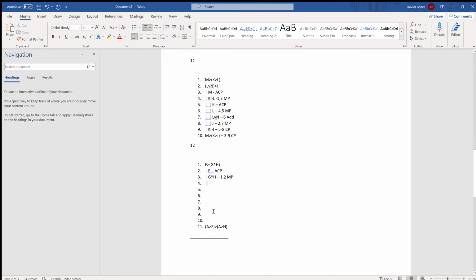Can we do like if not A and H, then not A and F? That wouldn't be very useful, would it? Okay, so this one I feel like is clear. If G and H, so then we're going to have to add an A in here somewhere.